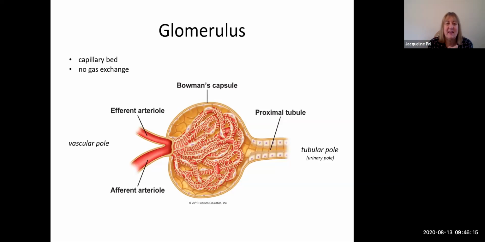Inside the capsule is the glomerulus. The glomerulus is a capillary bed, but it's a capillary bed where no gas exchange occurs. To reiterate, an arteriole carries arterial blood into this capillary bed, and an arteriole carries arterial blood out of this capillary bed.